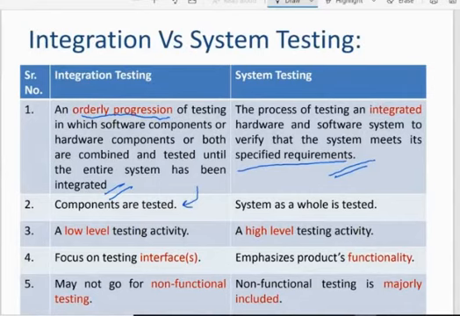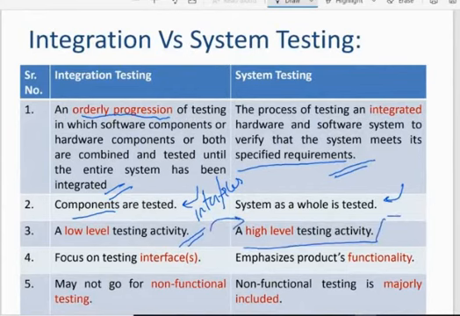So I went for components. I went for system as a whole. Components here means majorly I'm looking for interfaces. That's a low level activity as compared to this particular thing. This is the highest level activity in some sense. Here I'm focusing on testing the interfaces. Here I'm focusing on looking for the product's functionality.